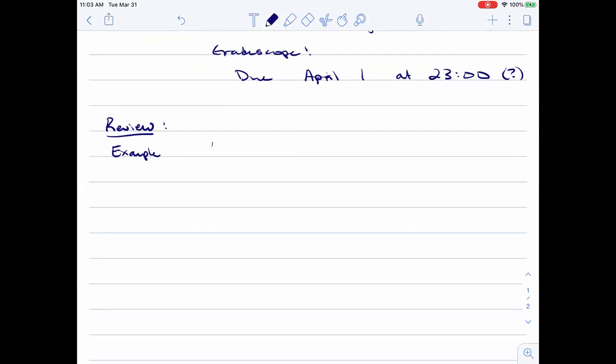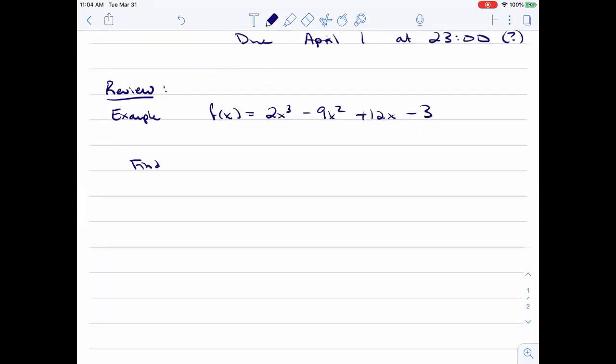So if we have something like f of x is 2x^3 minus 9x^2 plus 12x minus 3, we can find things like the intervals of increase and decrease.